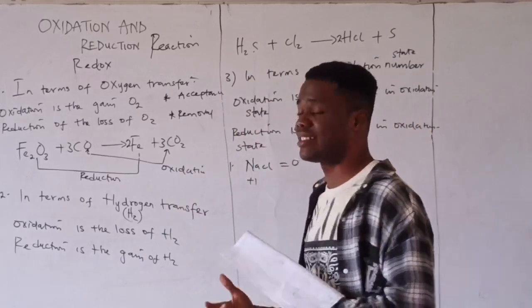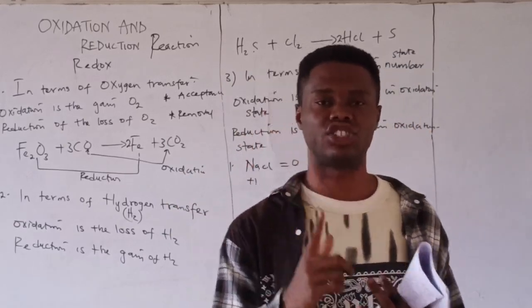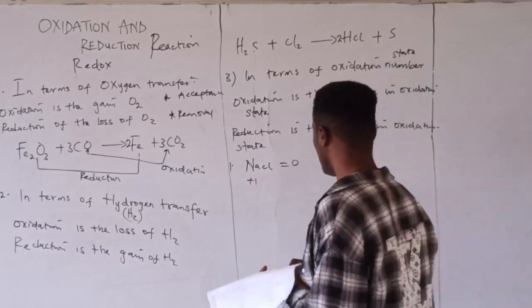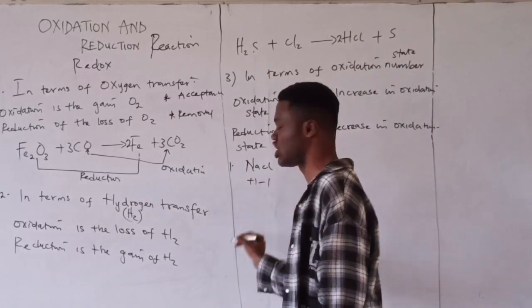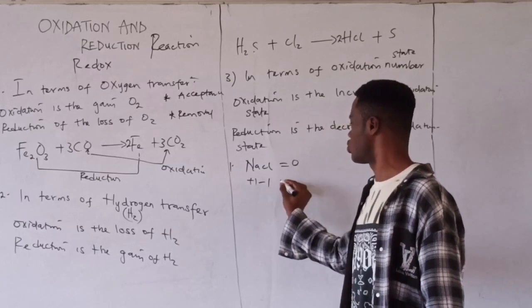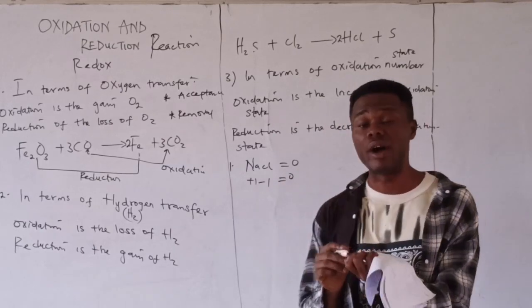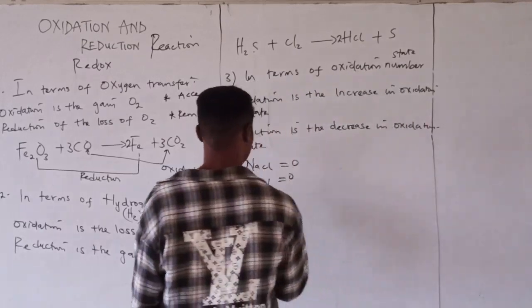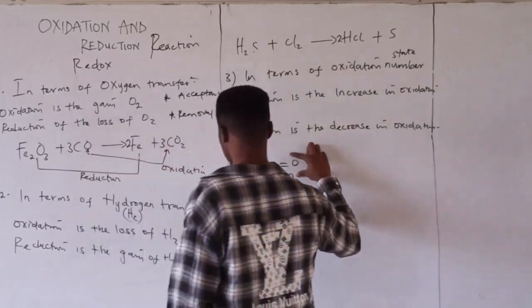So when chlorine accepts that one electron, it has a minus 1 charge. So positive 1 minus 1 gives us 0. That is how I know that the addition of the charges gives 0.